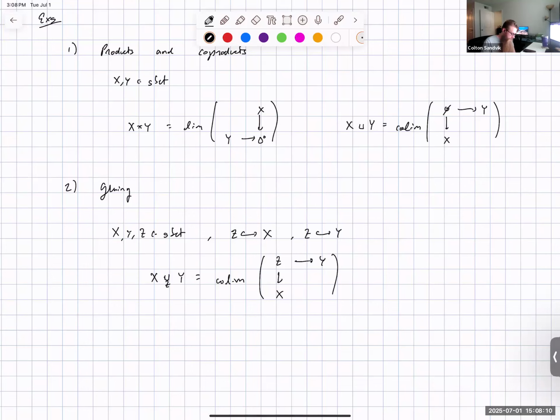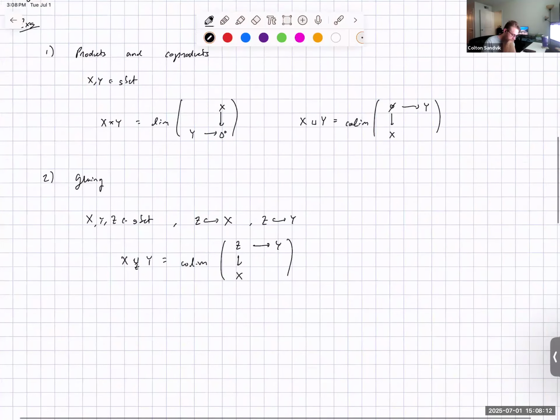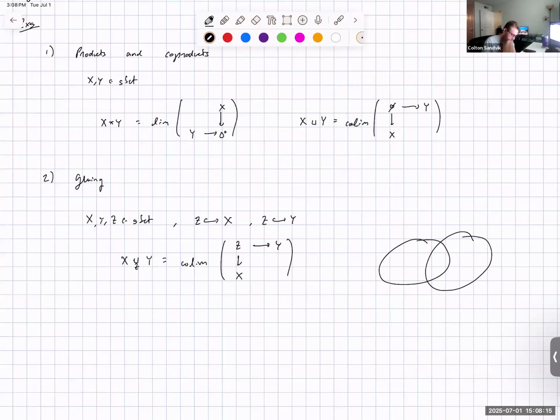The way to think about this topologically is that we have some space X and some space Y. They have some intersection Z that we're gluing along to get a bigger space, and this entire space is the relative coproduct. So we can glue simplicial sets out of old ones.